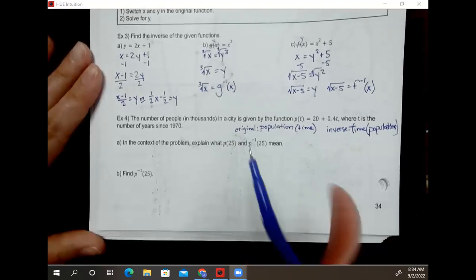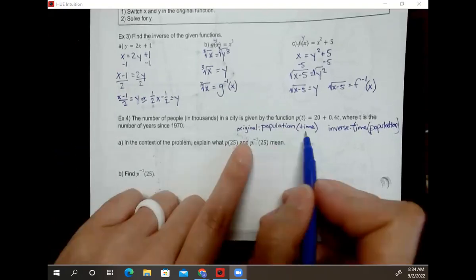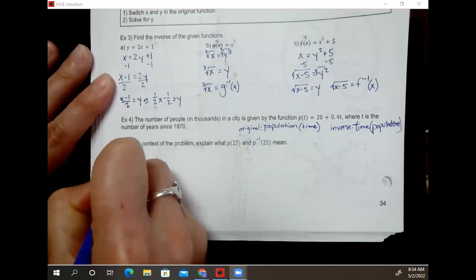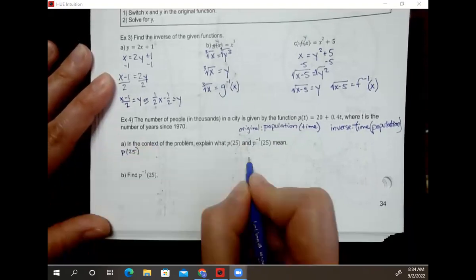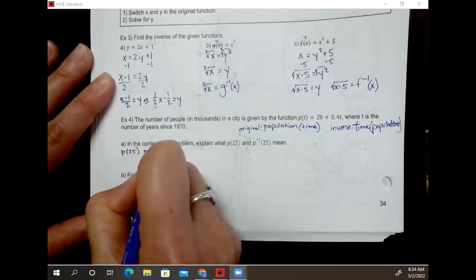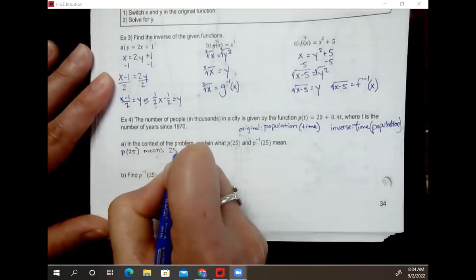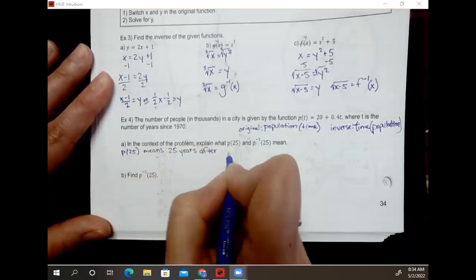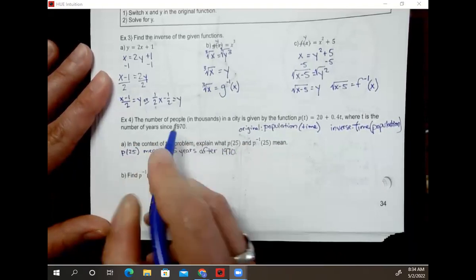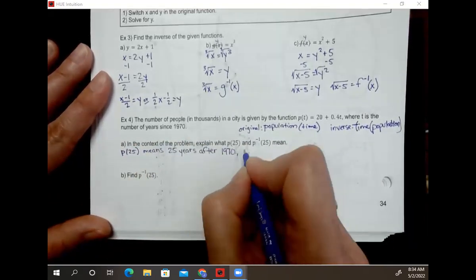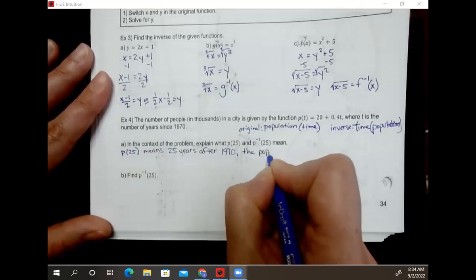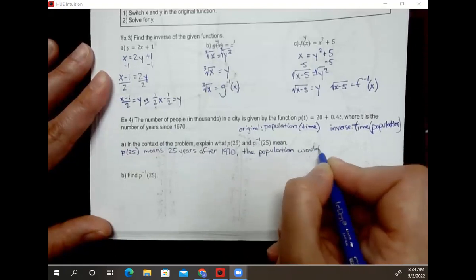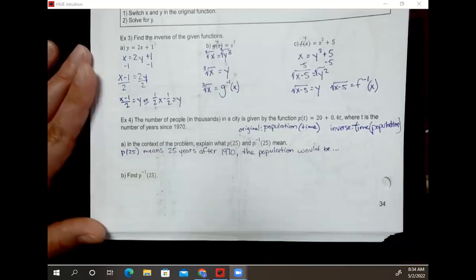So in the context of the problem, explain what p of 25 means. So in my original, that 25 would represent a time. So p of 25 means 25 years after 1970, that's when we're counting from, the population would be something.